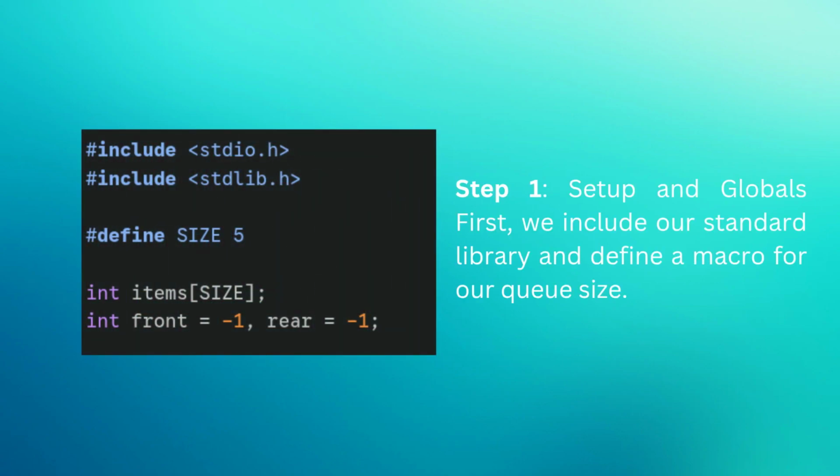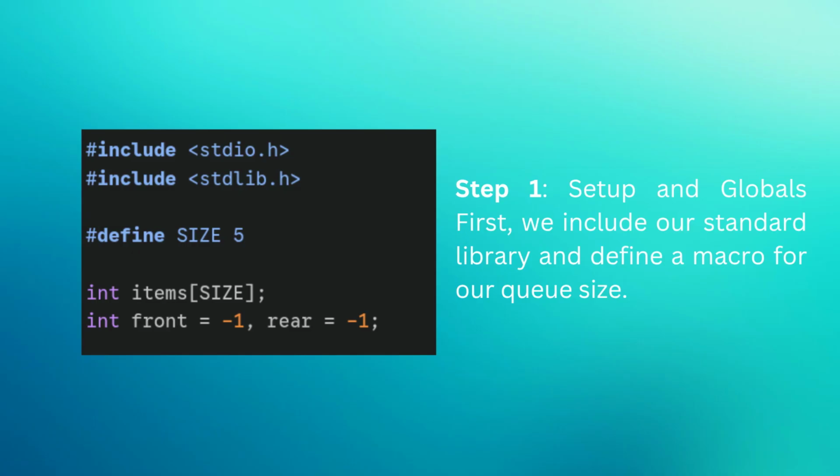Step 1, setup and globals. So we will set up our headers first in C. First, we include our standard library and define a macro for our queue size. So let's define a variable SIZE which is 5.